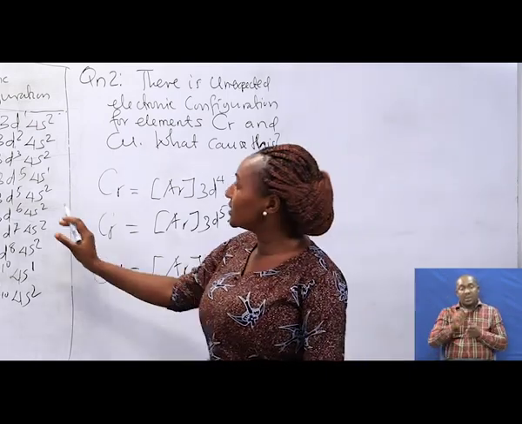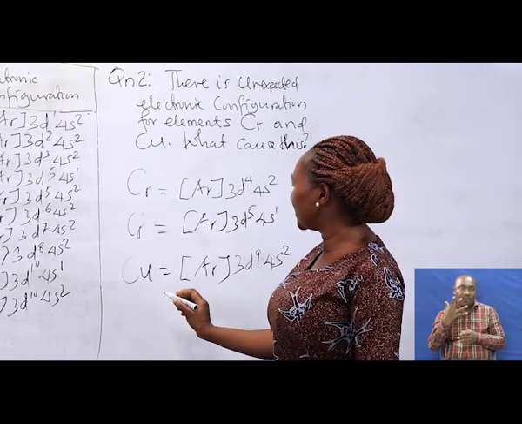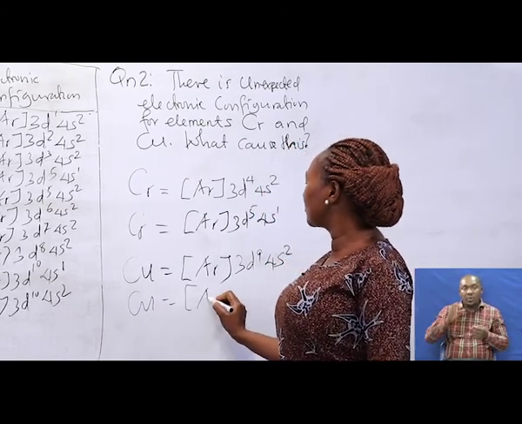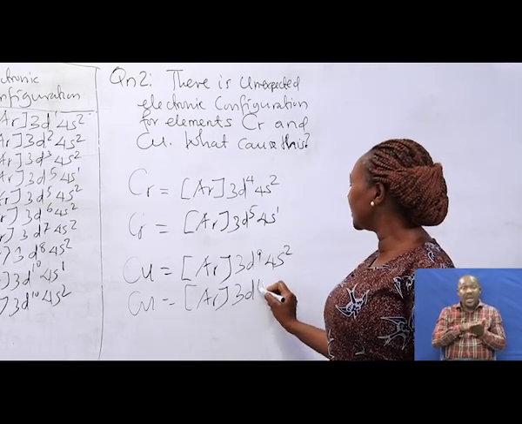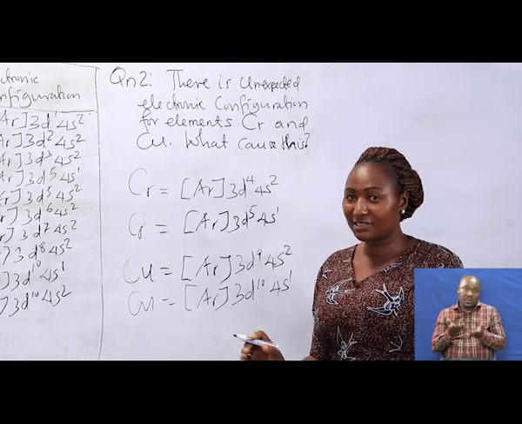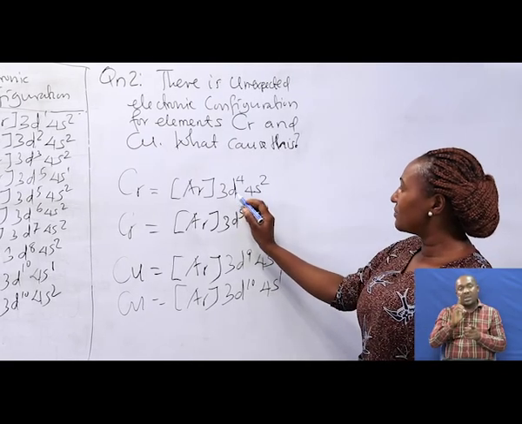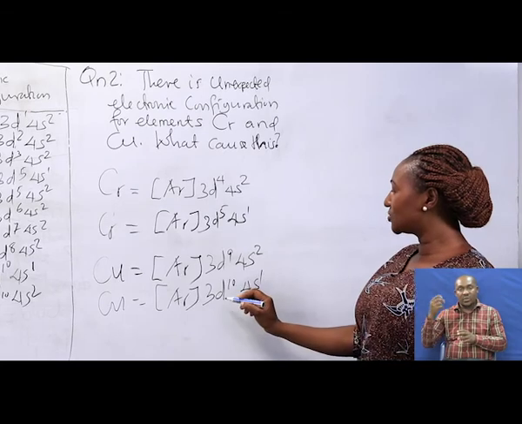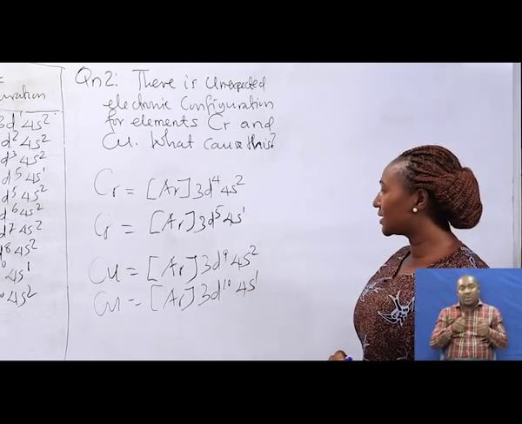But according to this table, the unexpected configuration is written as argon 3d10 4s1. There are changes. For chromium, it is from 3d4 to 3d5, and for copper from 3d9 to 3d10. What caused this?